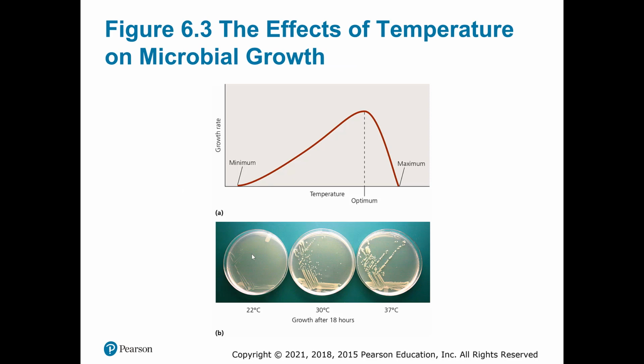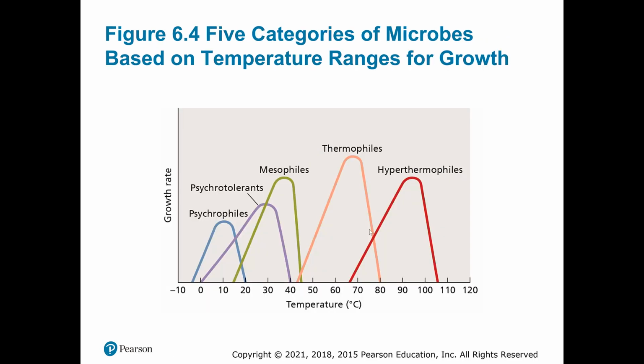So this is just showing you that for a lot of bacteria, that optimal growth temperature is usually around 37 degrees. That is body temperature. That'll be true for our cells as well. But there are other groups of bacterial cells out there that do better at other temperature ranges. This graph is showing you those temperature ranges for the different groups of bacterial cells.